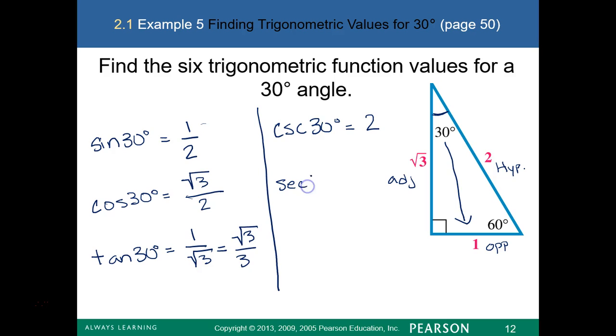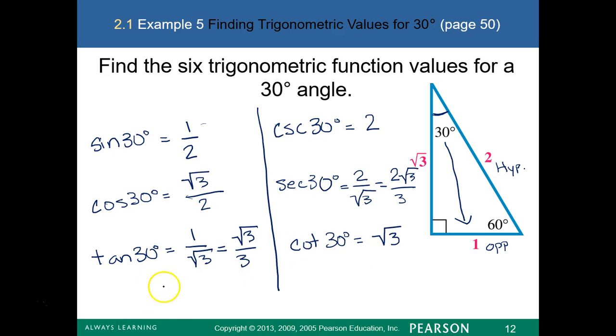Secant of 30 degrees is equal to, now that reversed is 2 over the square root of 3, or rewrite that without the radical in the denominator, you get 2 square root 3 over 3. Then cotangent of 30 is square root of 3 over 1, which is just the square root of 3.